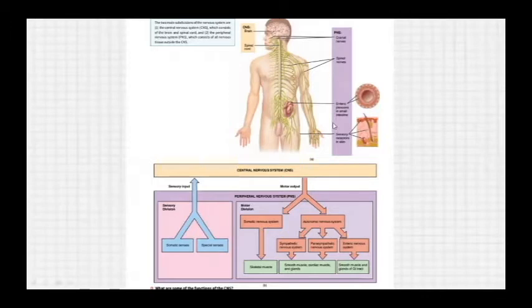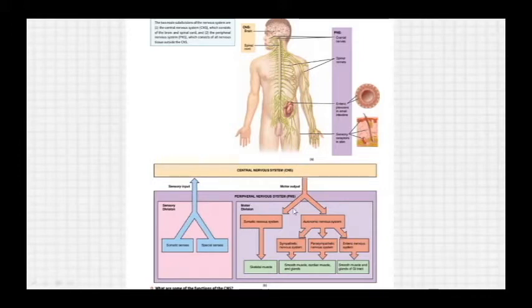Then through the peripheral nervous system, we have here the sensory division, which inputs sensory information towards the central nervous system, and we have here the motor division, which receives the motor output coming from the central nervous system.